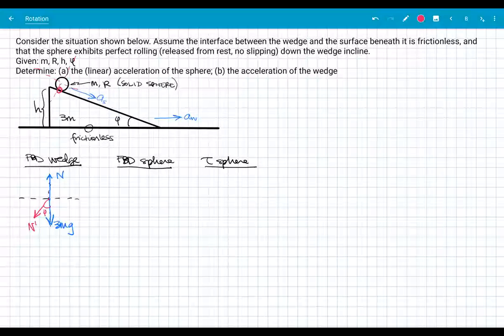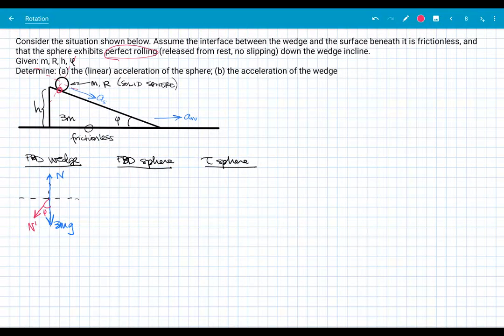And then at that interface, there must be a frictional force. There has to be a static frictional force because I'm told that this sphere exhibits perfect rolling. Perfect rolling is going to happen when you have a static frictional force, right? That's what allows it to happen, such that at the contact patch, there is no relative motion between the two materials, right?